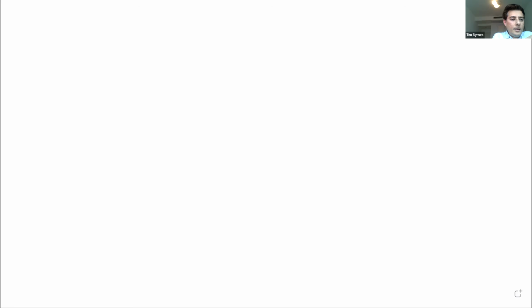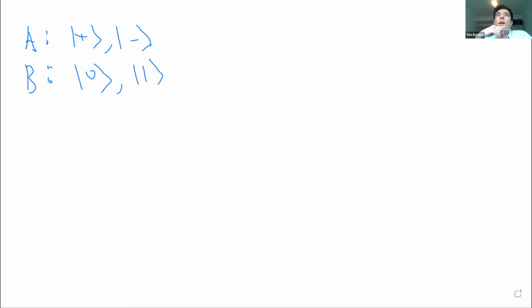All right, so suppose Alice is going to measure in the plus/minus basis, and Bob is just going to measure in the 0, 1 basis. And suppose we have the state, just to make our lives easier, something that doesn't involve all the terms.